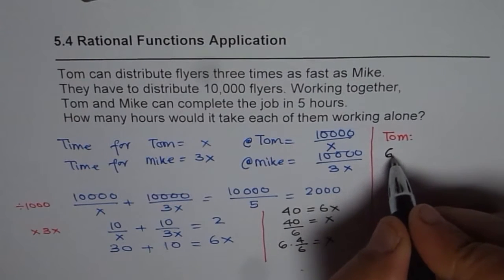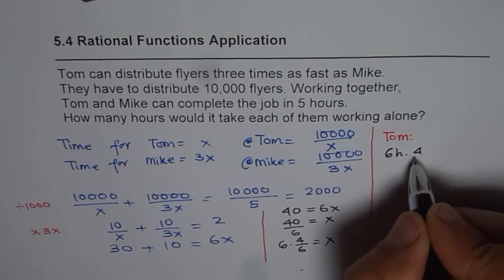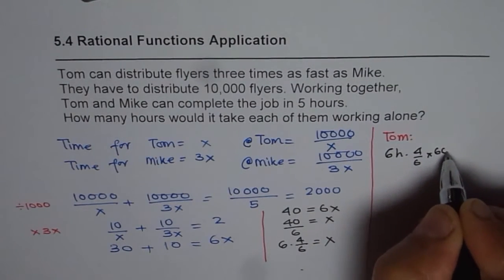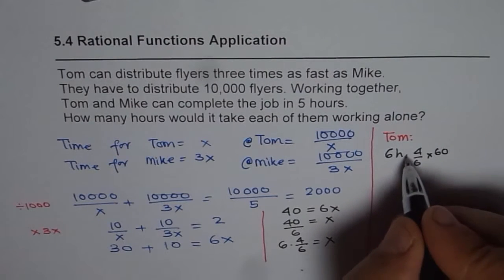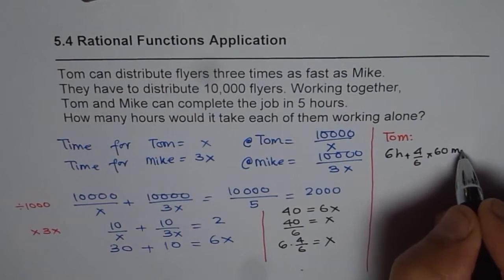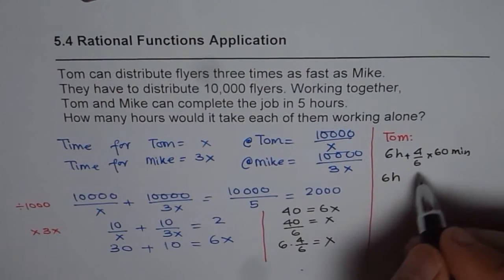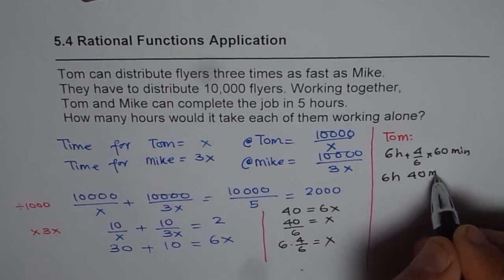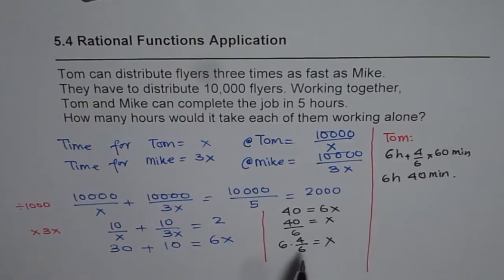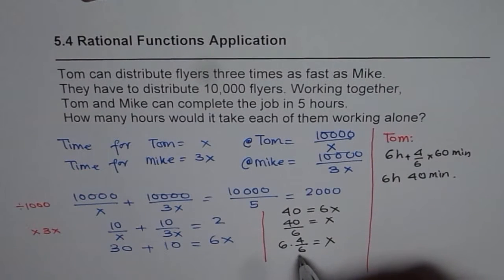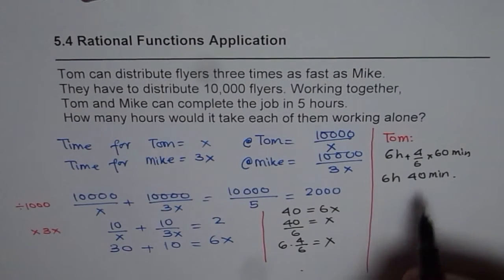So it becomes 6 hours and 4 over 6 times 60 minutes. So we get 6 hours and 40 minutes. Do you see how I converted this mixed fraction in hours into time, right? So that is kind of a simpler calculation.